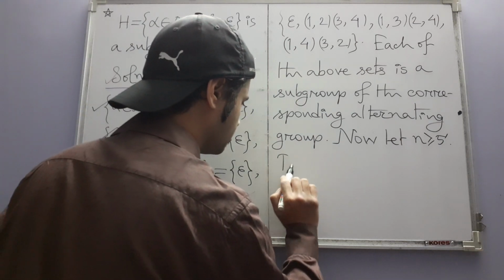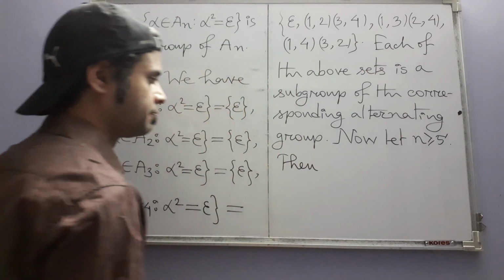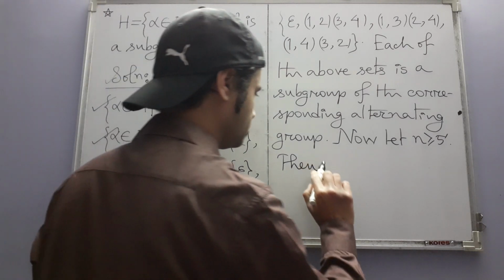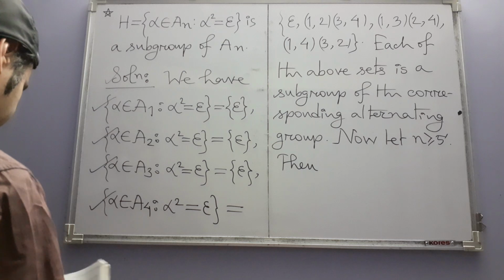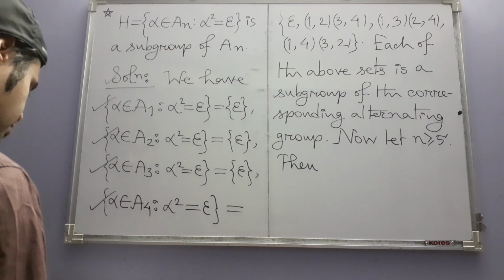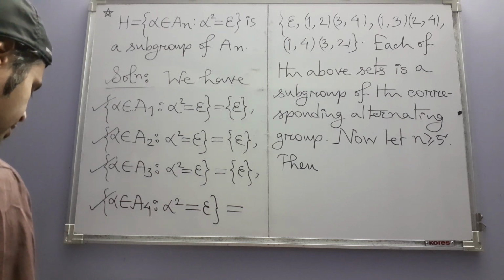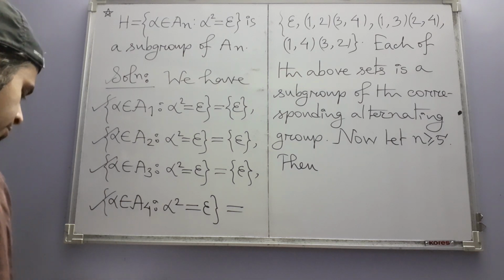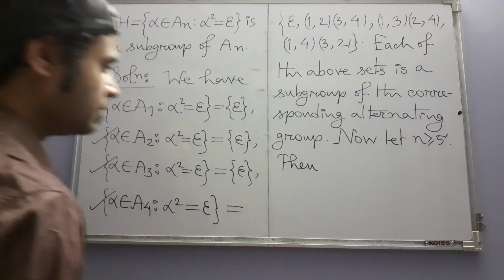Then two elements are there which are going to belong to H, but their product does not belong to H: 1, 2, 3, 4 and 1, 2, 3, 5.